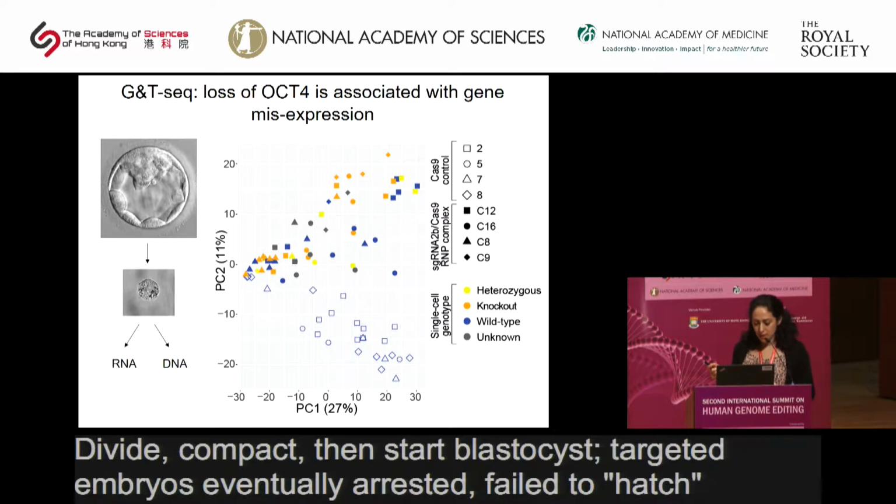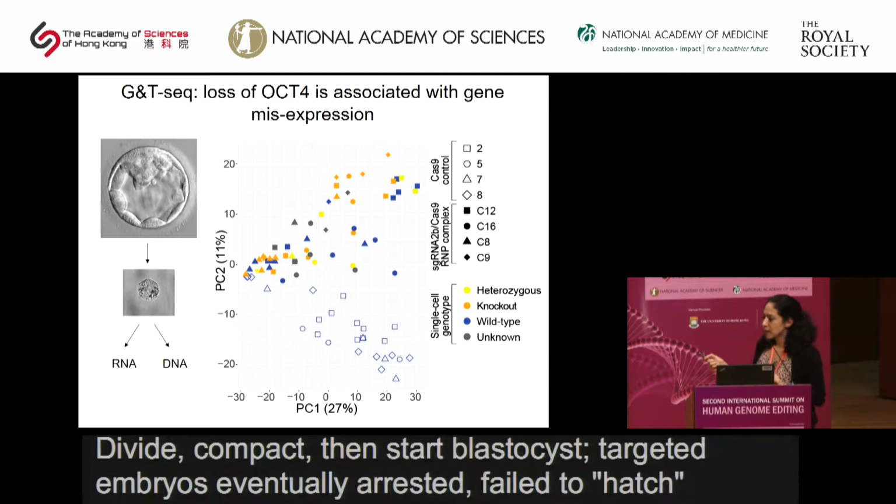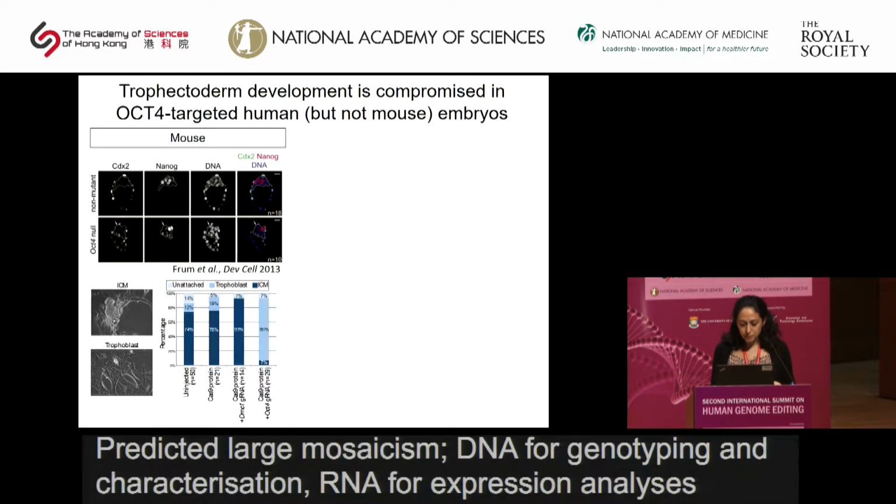So we invested in developing methodologies to extract from a single cell both the genomic DNA for genotyping and karyotype analysis, as well as the RNA from the same cell to perform transcriptomics analysis to phenotype if there are any changes in global gene expression. Here, the filled-in shapes show the OCT4 targeted embryos are transcriptionally distinct from the unedited embryos. A number of key developmental regulators were differentially expressed, and I'll just show you one example of what we saw.